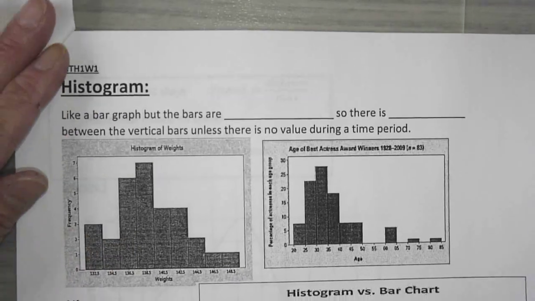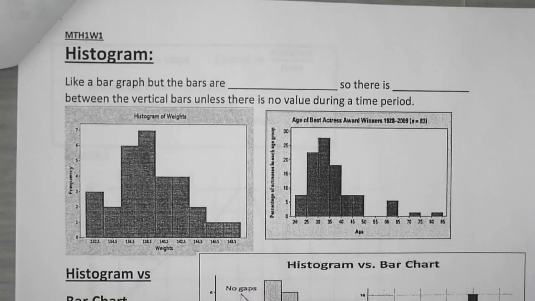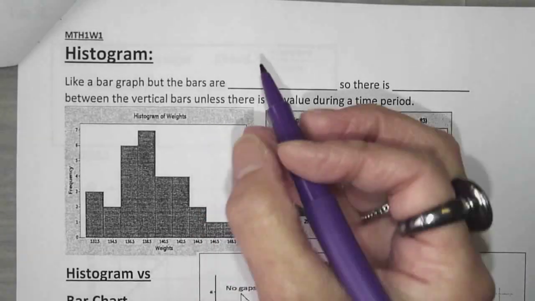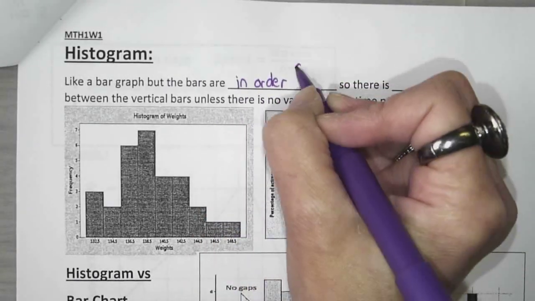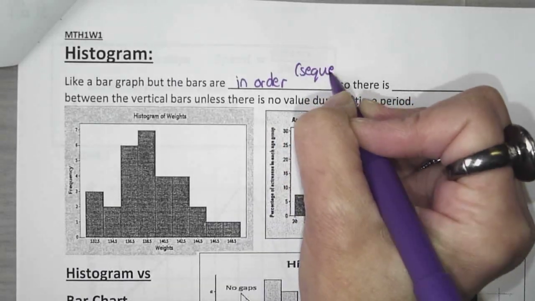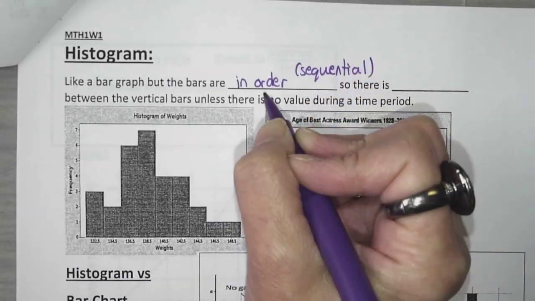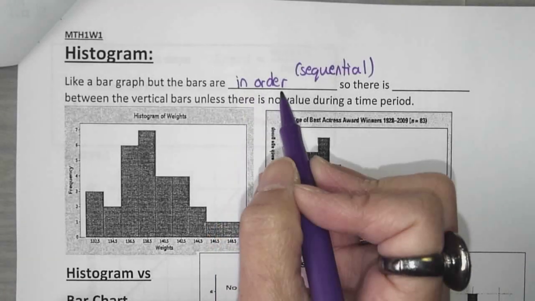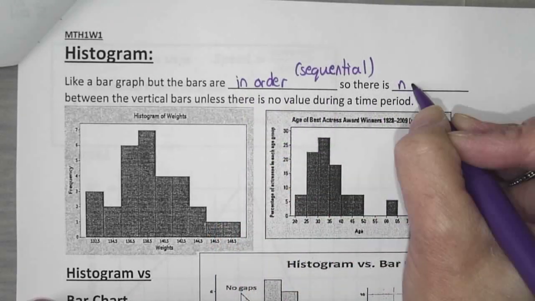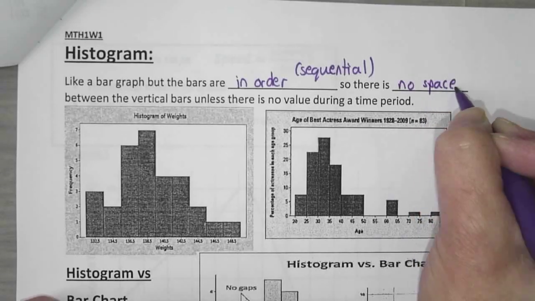Now, the next word here is histogram. A histogram is much like a bar graph, but the bars are in order, or sequential, which means in order. So there is no space between the bars.